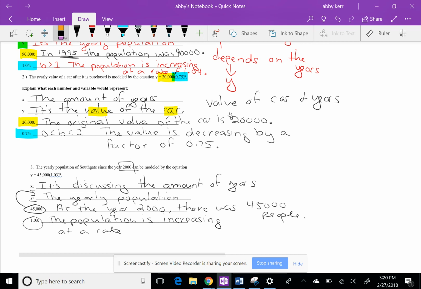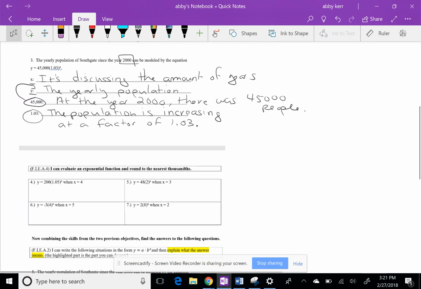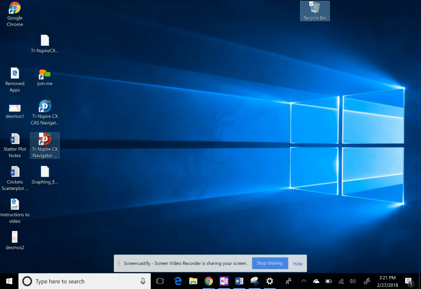And I'm just going to say the rate, I'm going to choose a better word, the factor, at a factor of 1.03. Now for the second standard, it says I can evaluate an exponential function and round to the nearest thousandths.